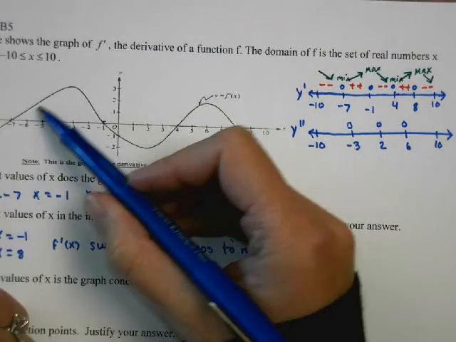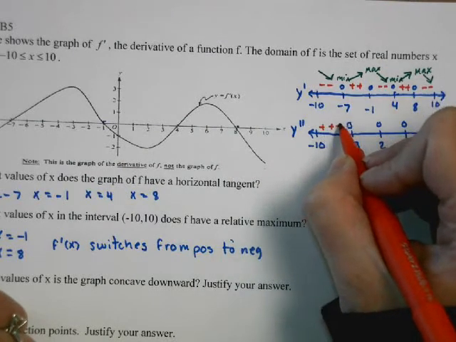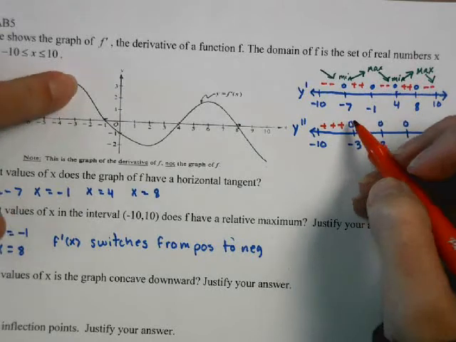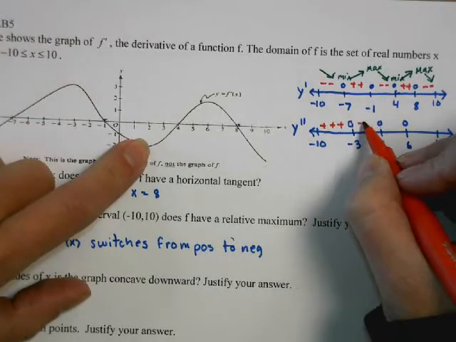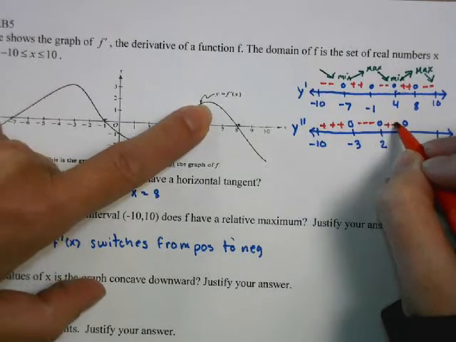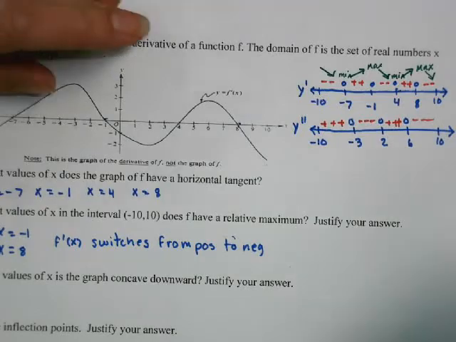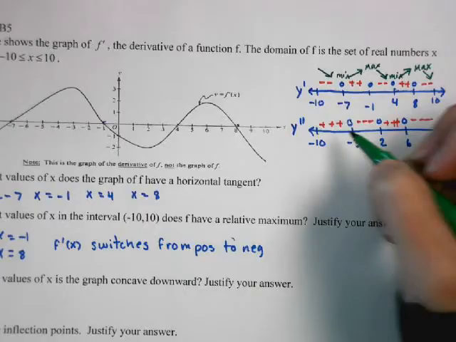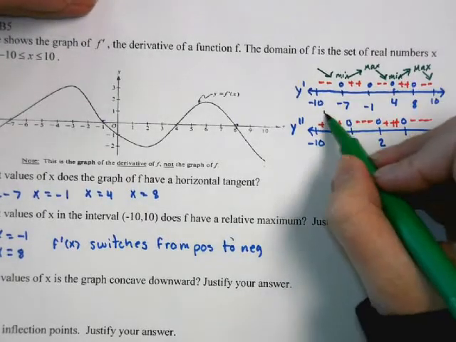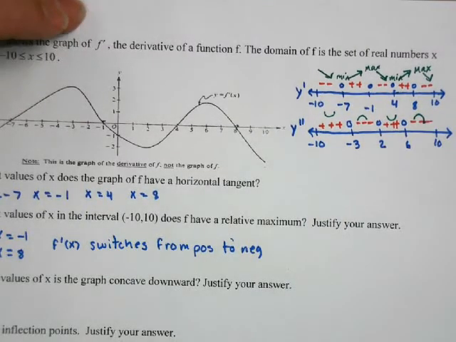Where this graph is increasing, this function is positive. Increasing is positive. Decreasing is negative. So the original graph, which we don't have, is concave up, concave down, concave up, concave down.